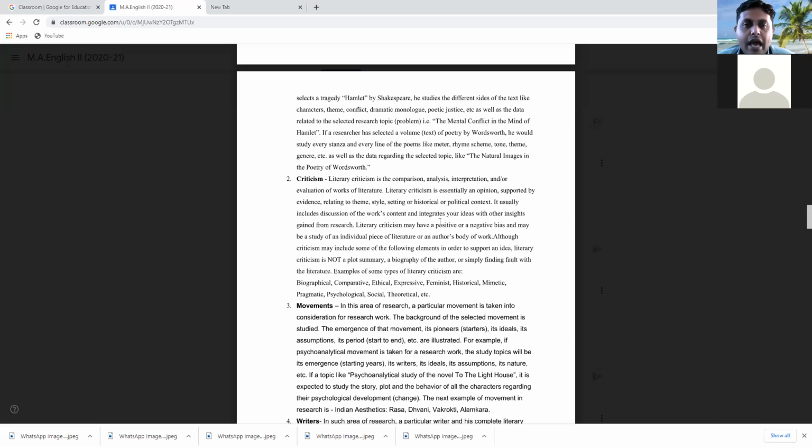For example, if I want to have a criticism of a text, it does not include the summary of the story. It does not include the biography of the author, right? Or it does not include finding fault in that text, right?